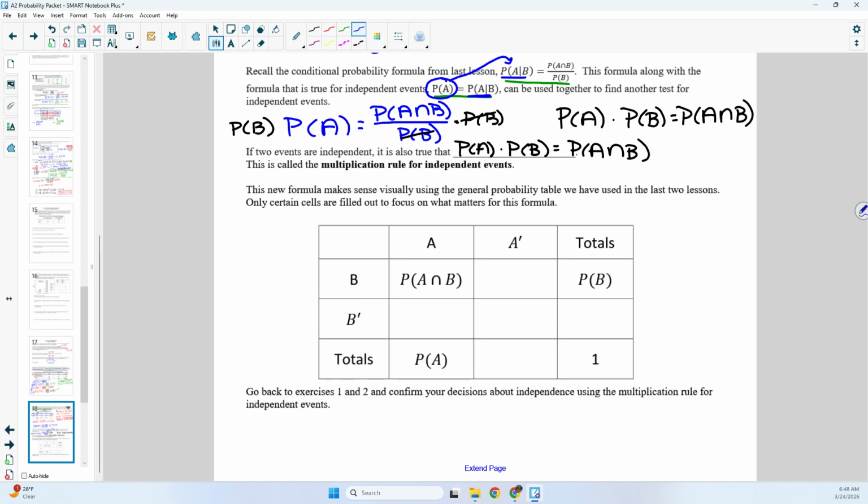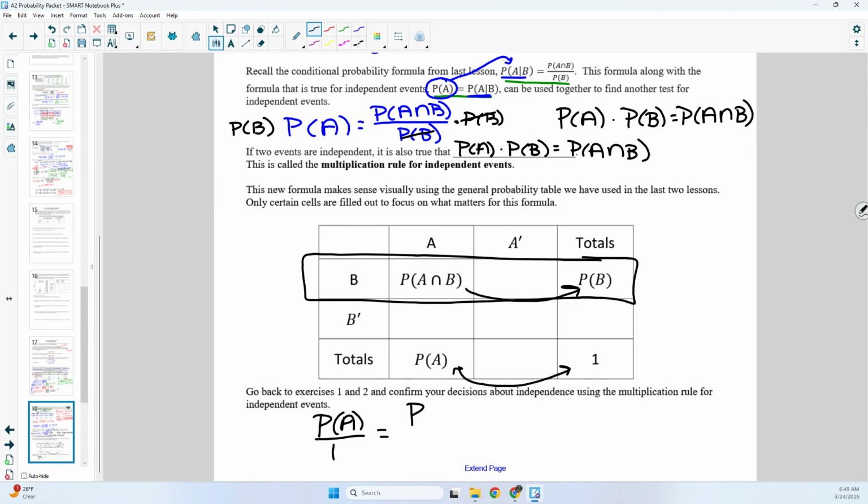So if I find P of A, I would do P of A over 1, or just P of A. And that, with that symmetry, has to be equal to P of A given B. So if we're doing given B, we're just in this column, so we have P of A and B over P of B. And if we cross multiply or multiply by P of B, we get that multiplication rule for independent events.